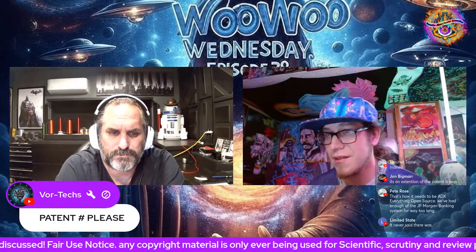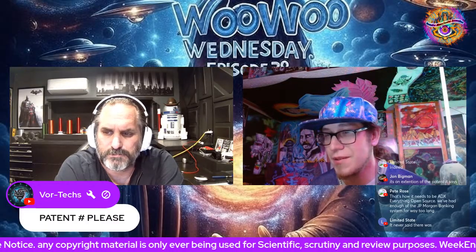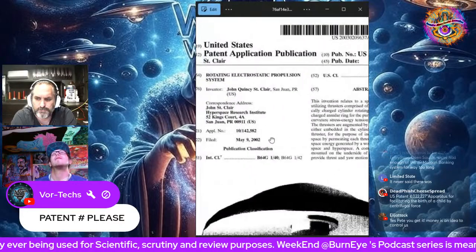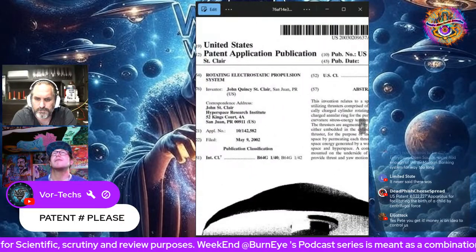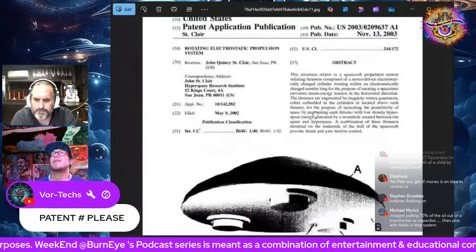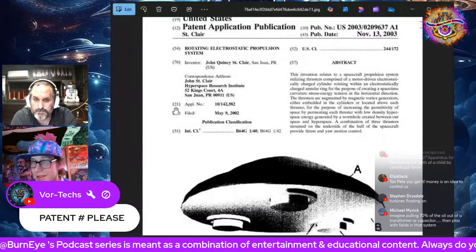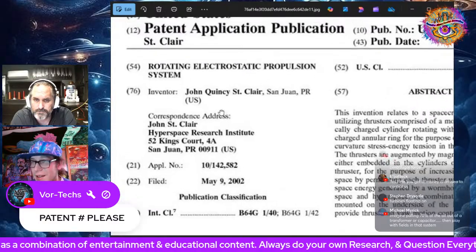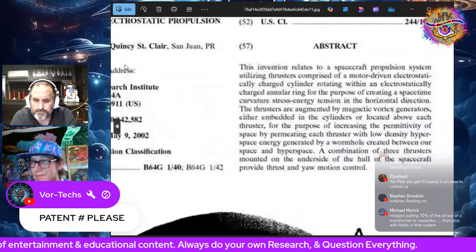Is this one the same, or is this a different one? No. Oh, this one, John Quincy St. Clair's. Yeah, that's another interesting one, in 2002. A rotating electrostatic propulsion system.